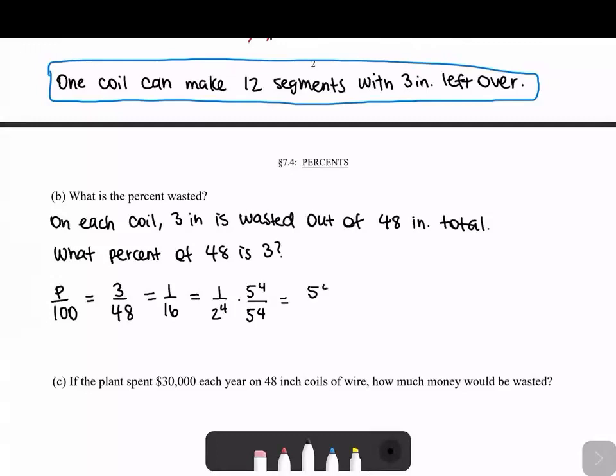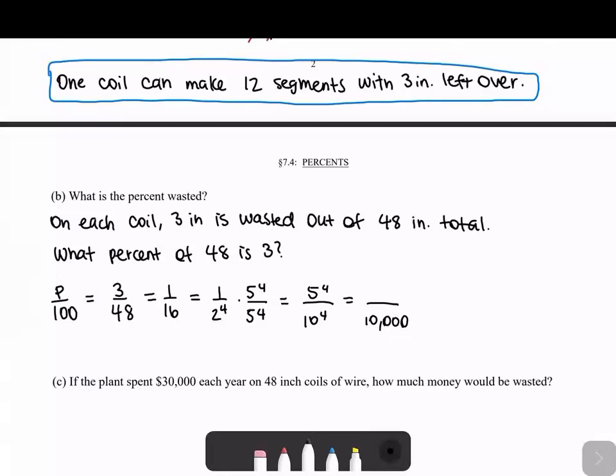So this is 5 to the 4th over, and the 2 to the 4th and 5 to the 4th give us 10 to the 4th, which is 10,000. And we just need to know what 5 to the 4th is.